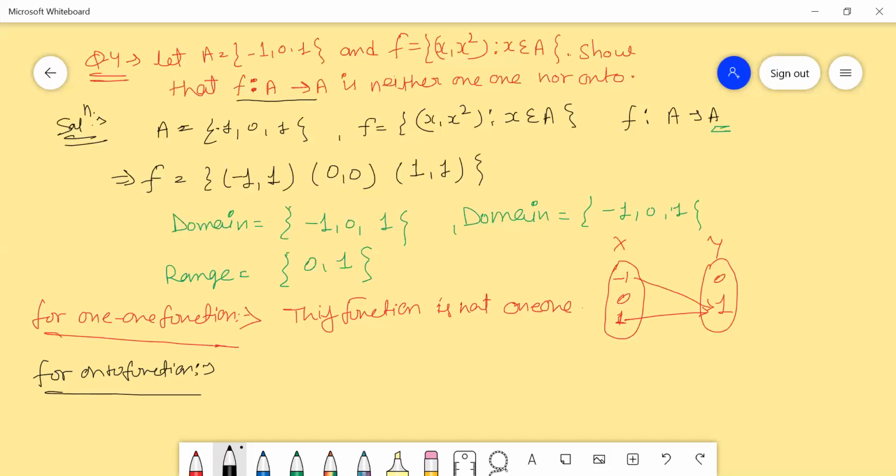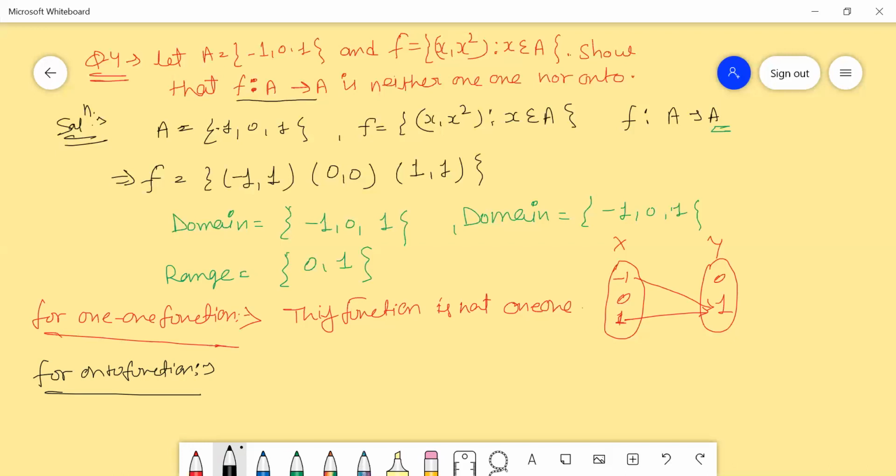For an onto function we clearly know that every element of y should have a preimage in x. But here -1 is an element which does not have a preimage, right?